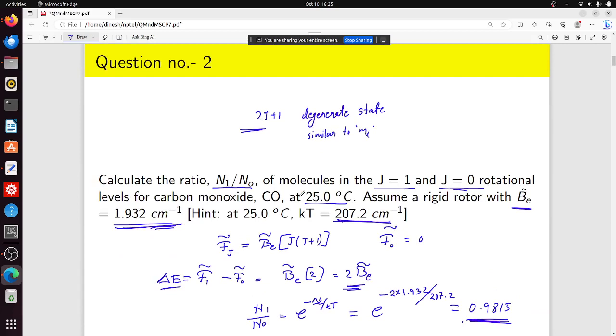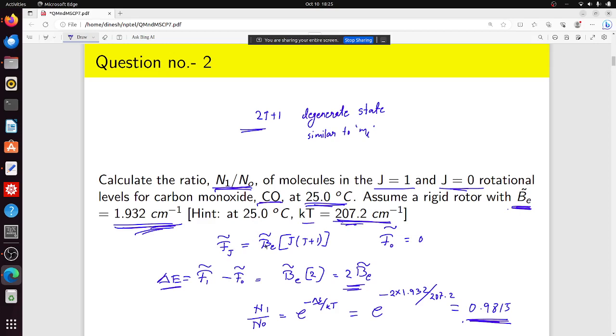So let me repeat the question. We had to calculate this ratio n1 over n0 for molecules in j equal to 1 and j equal to 0 rotational levels for this carbon monoxide molecule at temperature 25 degrees Celsius. And assuming rigid rotor approximation, B is also given and kT is also given.